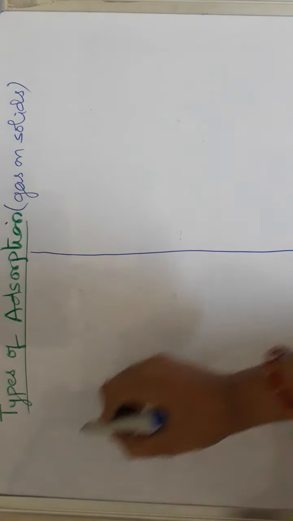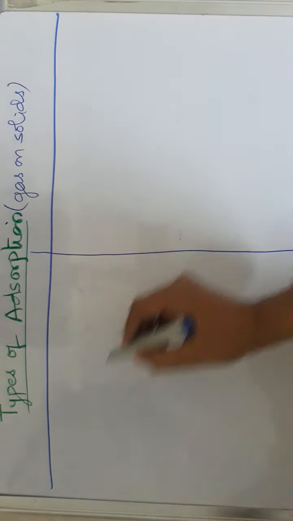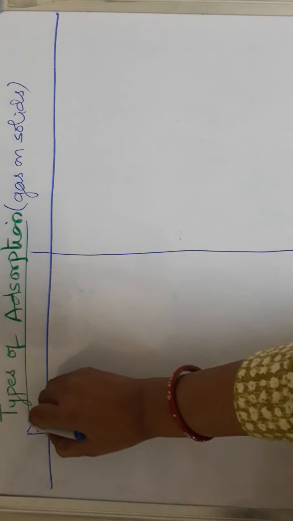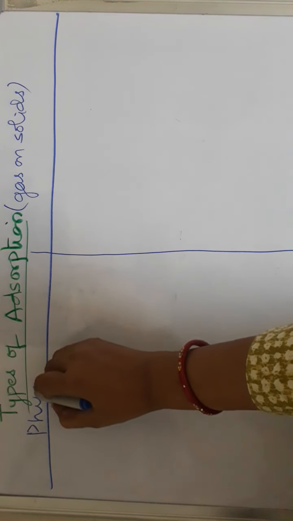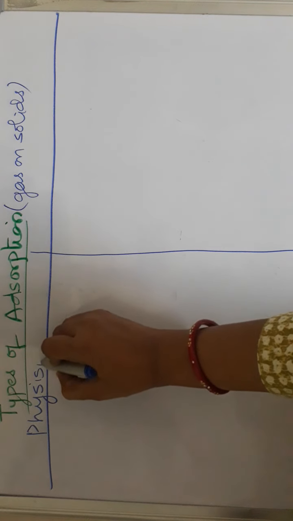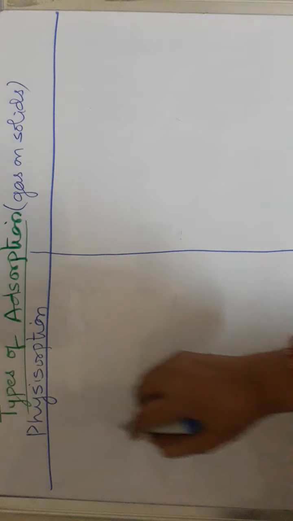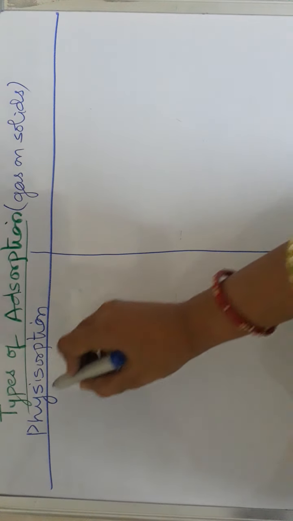So today we will try to understand what is physisorption and what is chemisorption. Physisorption is also called physical adsorption, and chemisorption is also called chemical adsorption.